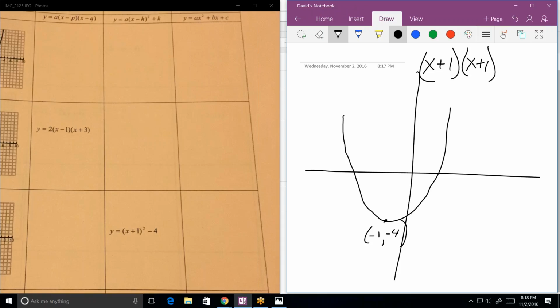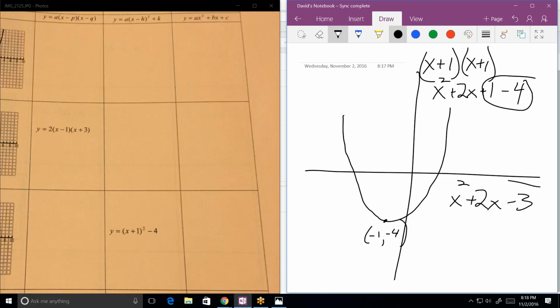So it would be x squared plus 1x plus 1x plus 1, so x squared plus 2x plus 1, and then minus 4. Now combine those two and you have it in standard format: x squared plus 2x minus 3. That's standard format.